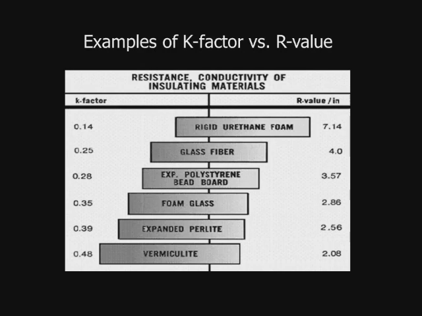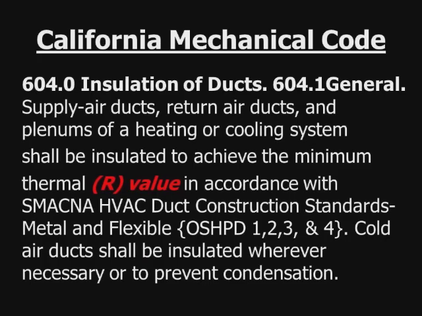Now, if you go to different codes, whether they be voluntary or prescriptive, and you look at how these different codes describe R value or talk about insulation in general, they all refer to R value.